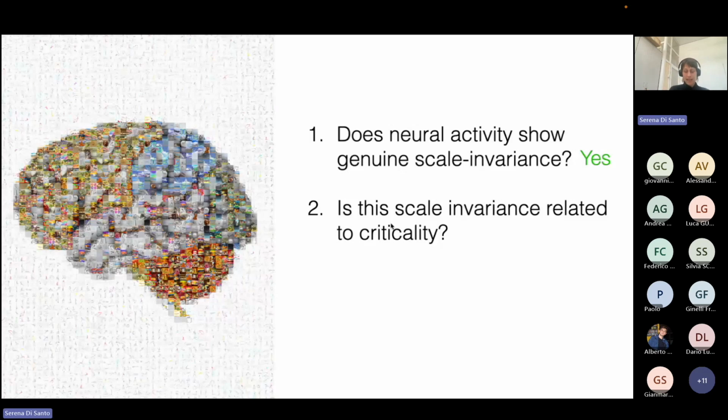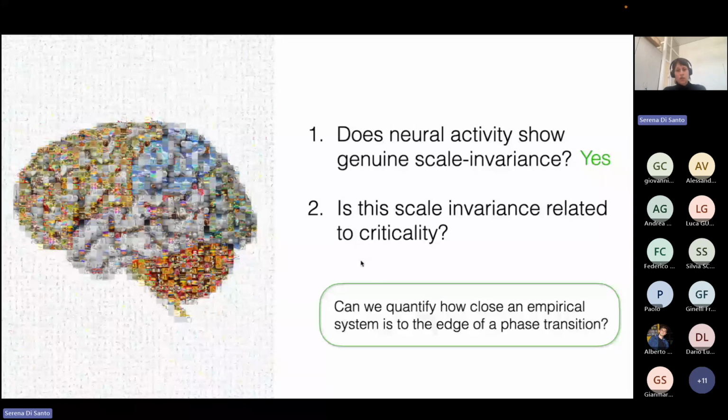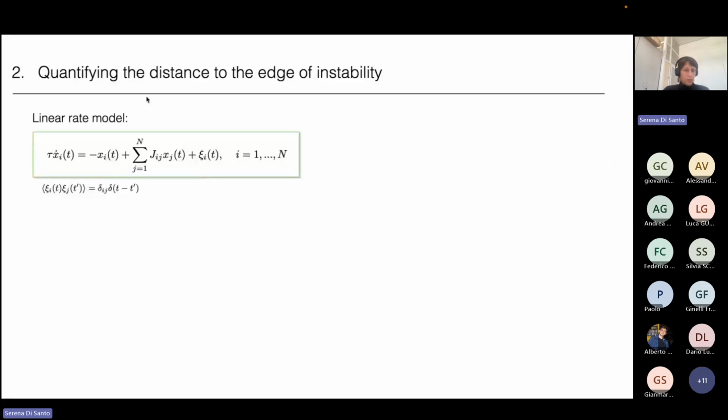The underlying idea, as I said at the beginning, is that criticality not only could explain the scaling invariance, but could also, from a different part of the literature, bring about some functional benefits, such as optimal, maximum computation capability, sensitivity to stimuli, etc. More specifically, what we ask is, can we quantify how close an empirical system is to the edge of a phase transition? And we take the simplest possible model to answer this question.